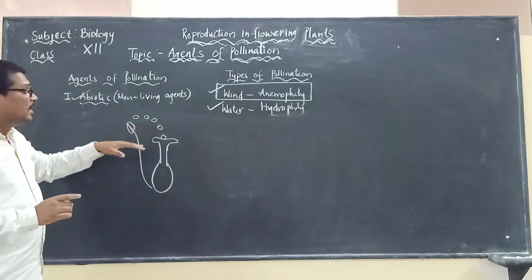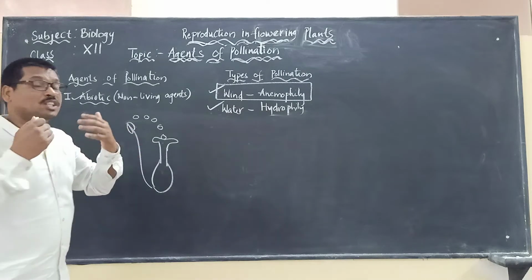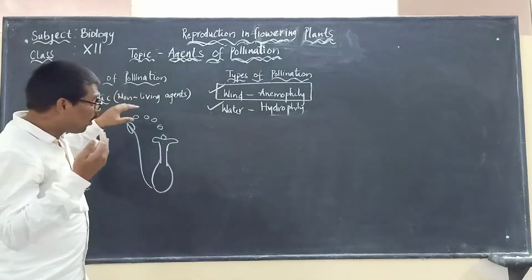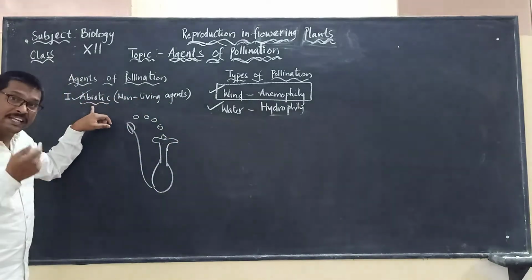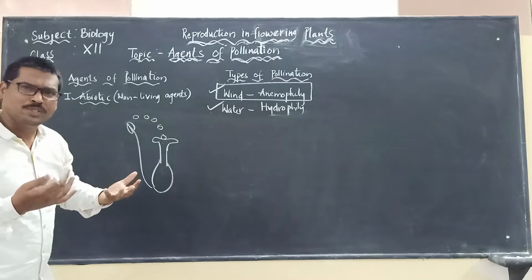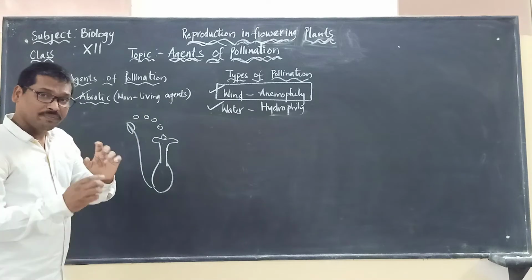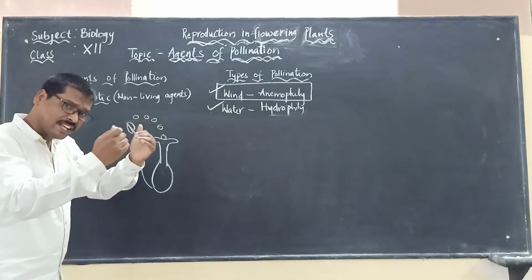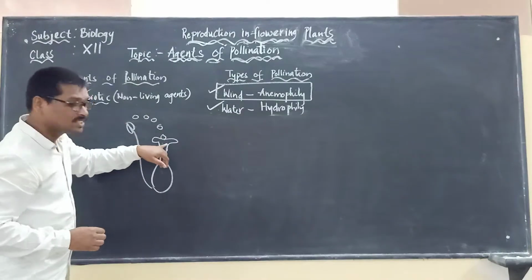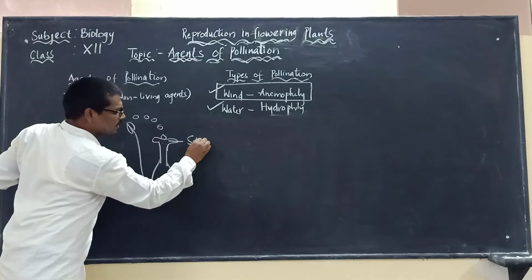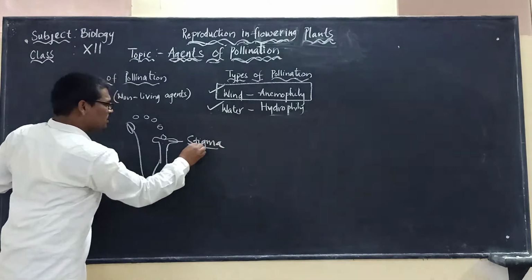That's why the plants undergoing pollination by abiotic agents have to produce a large number of pollen grains. Why? Because there are fewer chances of the pollen grains reaching the stigma.